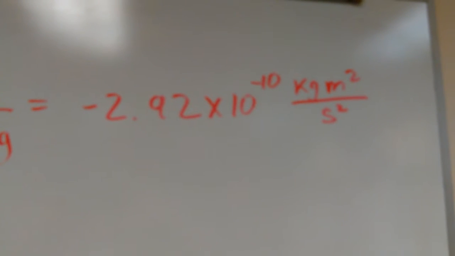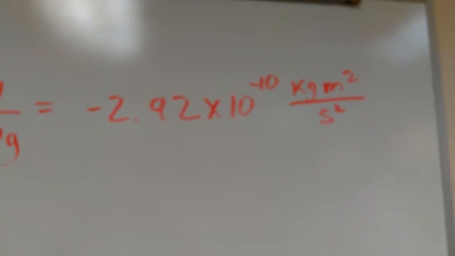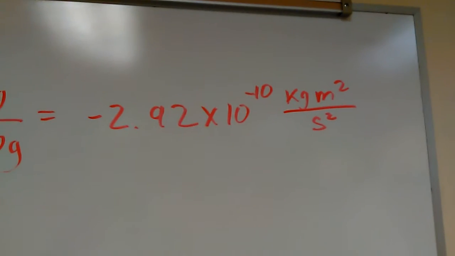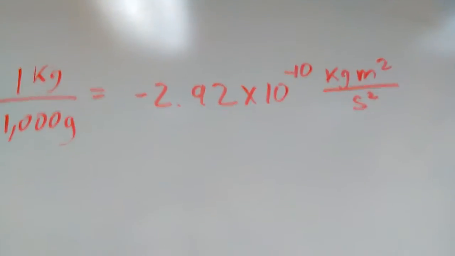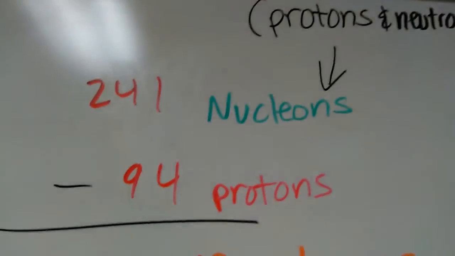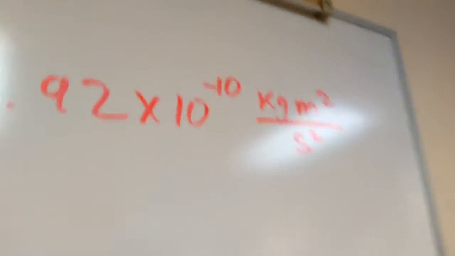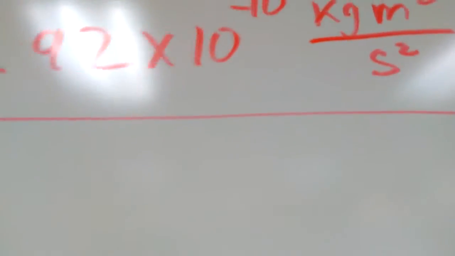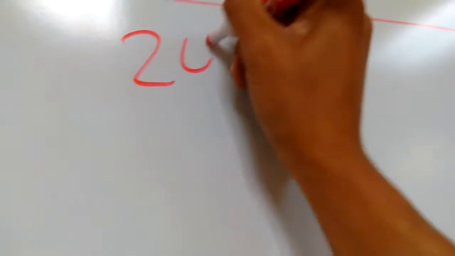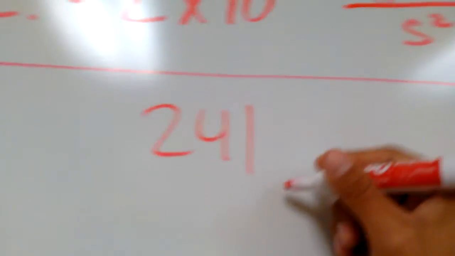So once we get this number, we're going to find our binding energy as far as the nucleons. In order to find our binding energy for our nucleons, we're going to use our nucleons number, which was provided to us earlier in the original equation, and we're going to divide everything here by that same number of nucleons, which is 241 nucleons.